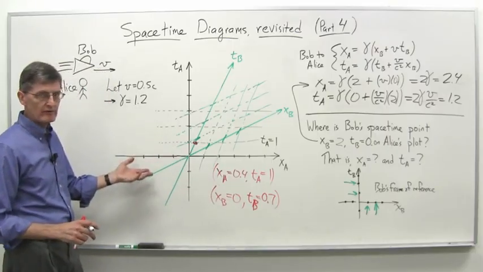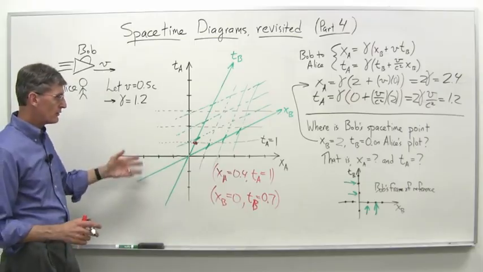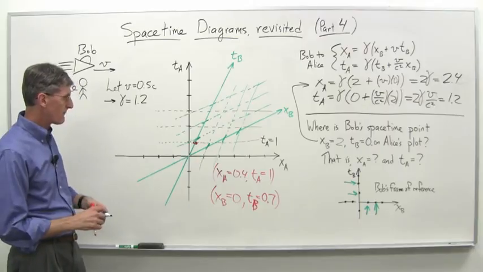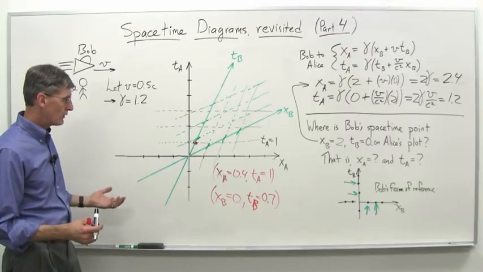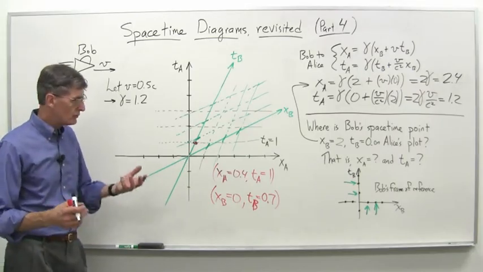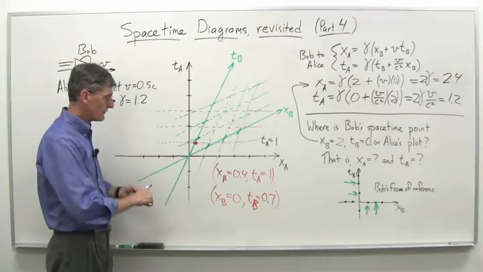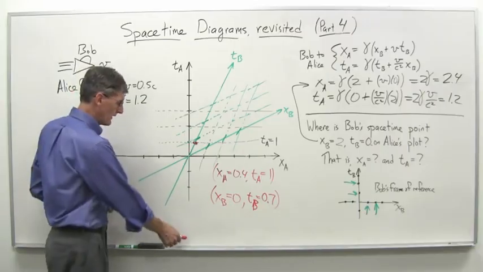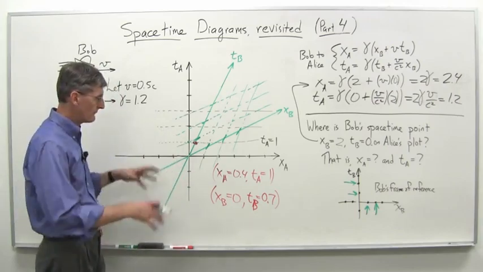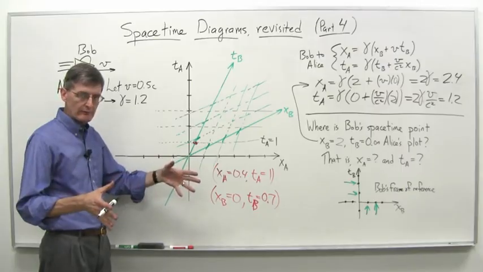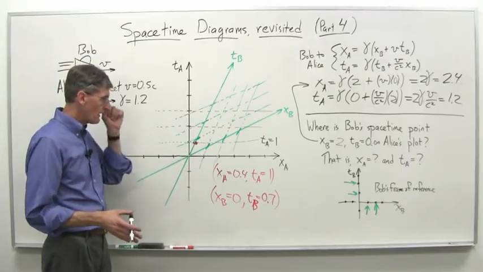And it's a little harder to see on this plot, but you can also see length contraction, okay, because a given length is going to be shorter to Alice than to Bob. So let's see if we can just get a feel for that. I say that a given length is going to be shorter for Alice compared to Bob. The proper length in Bob's frame of reference, say for his spaceship.